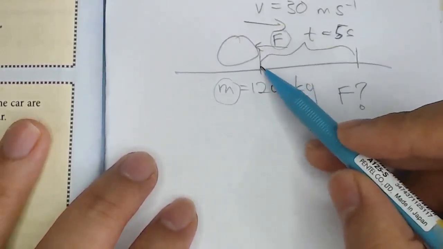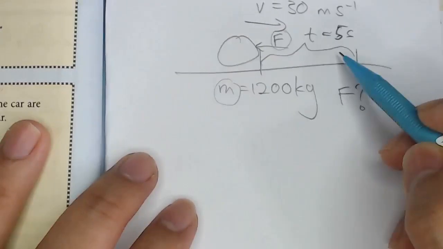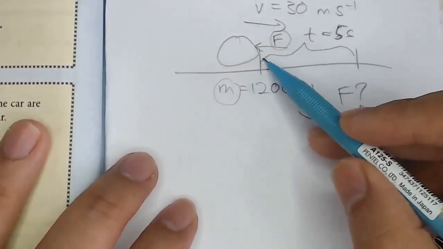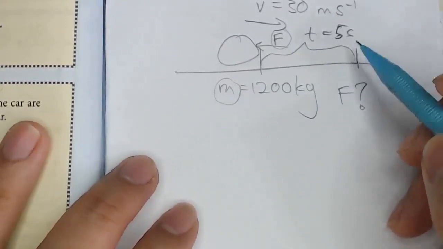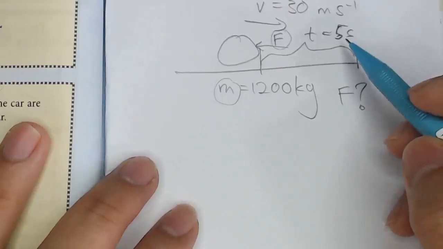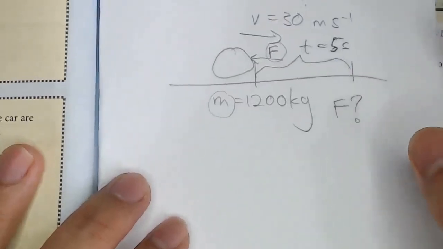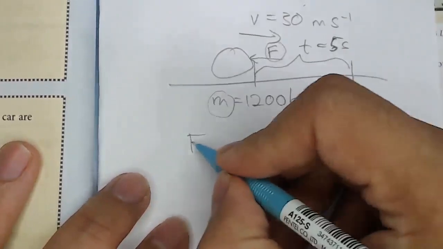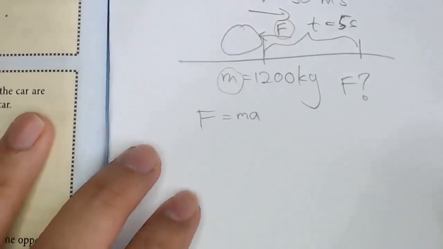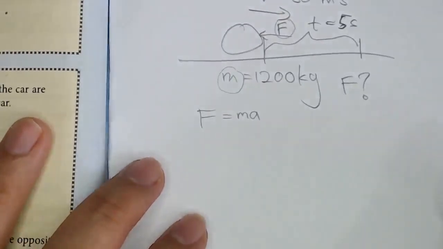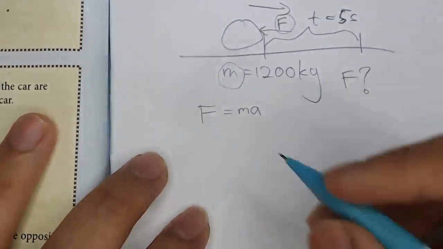In this case it is deceleration, correct? Because from this point to this point there is deceleration, which means velocity decreases. So here it is, the formula which involves those three components.